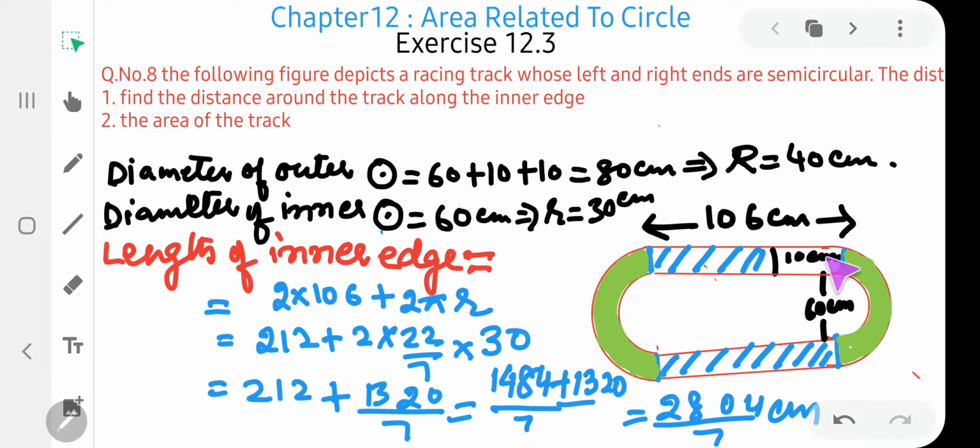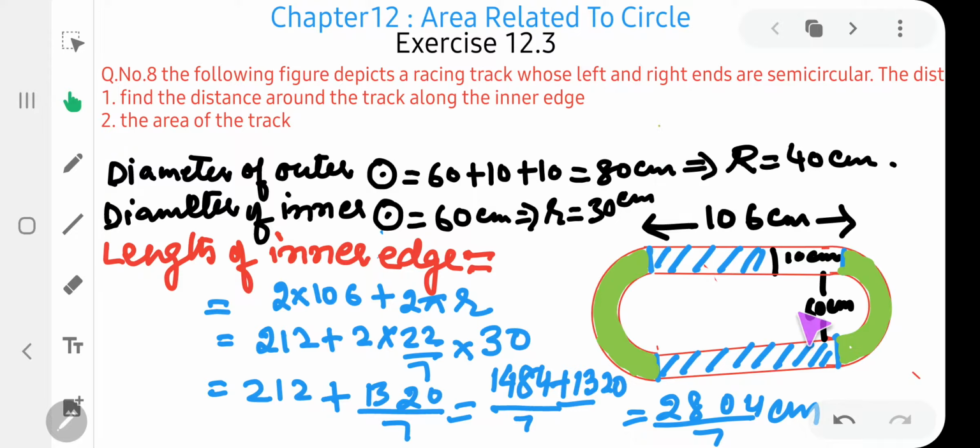Therefore, the total diameter of this outer circle is 60 plus 10 plus 10, so this is 80 centimeter and therefore the radius is 40 centimeter.